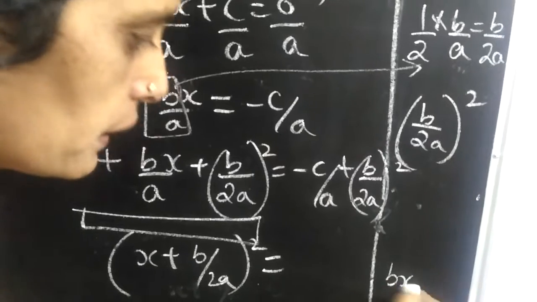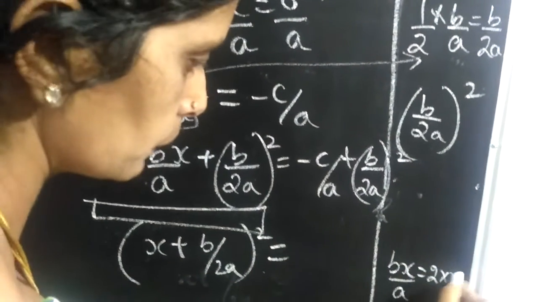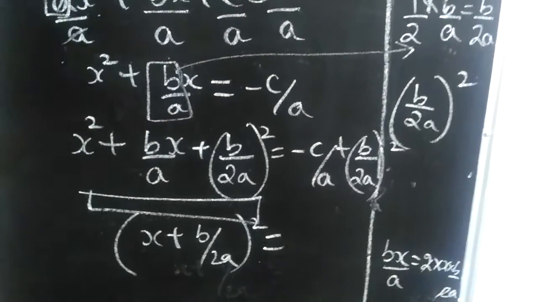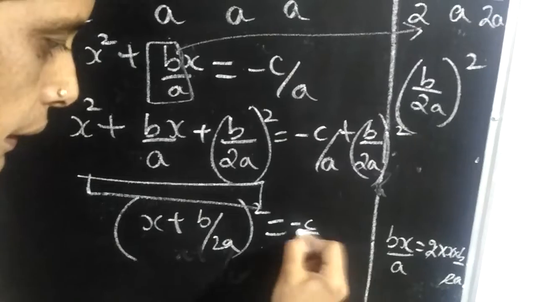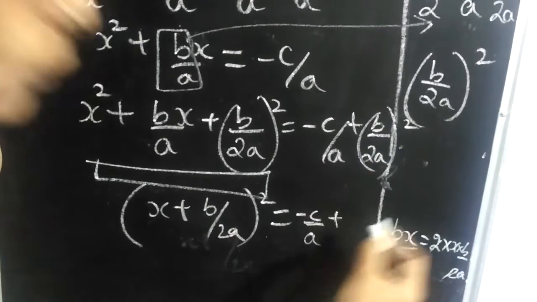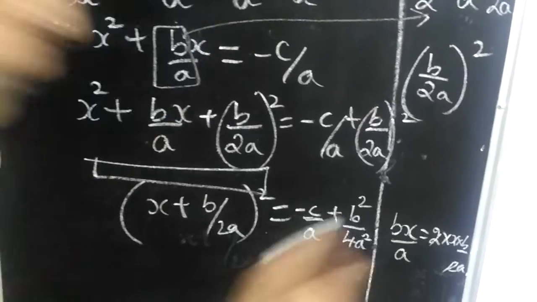How? bx by a is 2 into x into b by 2a. So you will get bx by a is equal to minus c by a. Are you understanding, children? Plus b by 2a whole square, that is nothing but b square by 4a square.